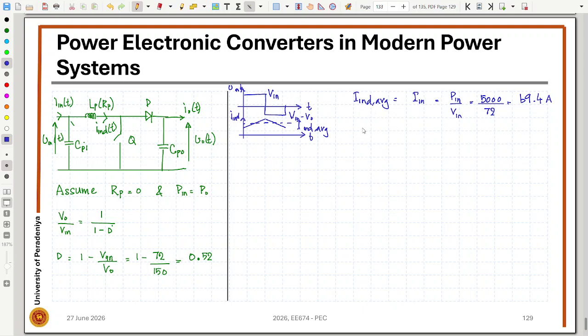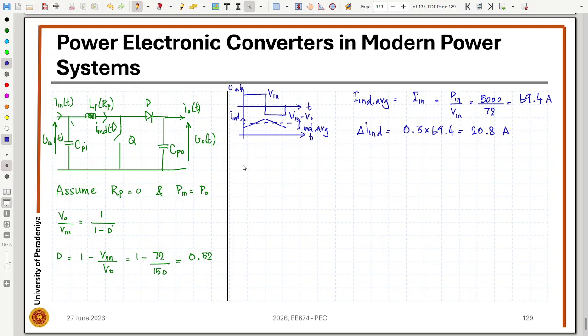So from that we can find the inductor current ripple. That is going to be 30% of 69.4, which is equal to 20.8 amperes.